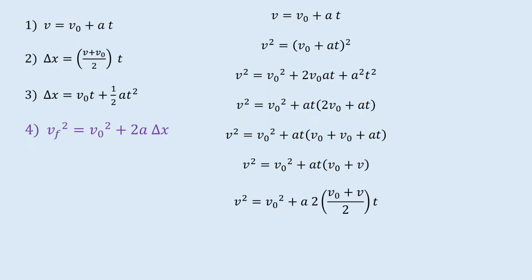So I've just multiplied by 2 over 2, and I've also brought the t to the far right just to be able to see a bit more clearly that, as you can see by looking at the second kinematic equation, v naught plus v over 2 times t is just delta x. And from this, you can get the fourth kinematic equation because v is the same as vf, so final velocity.